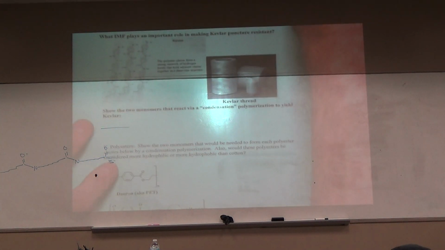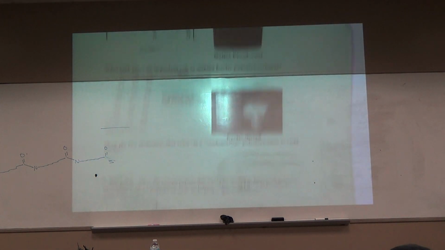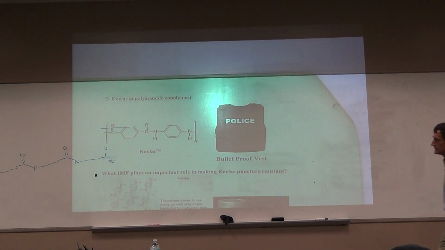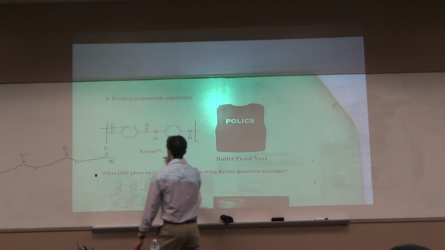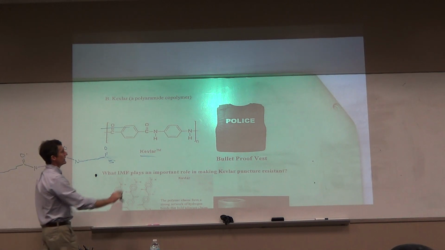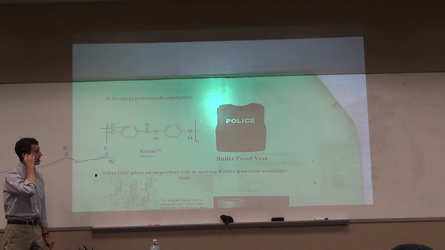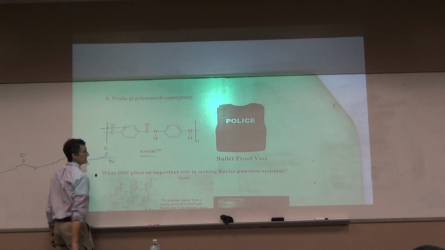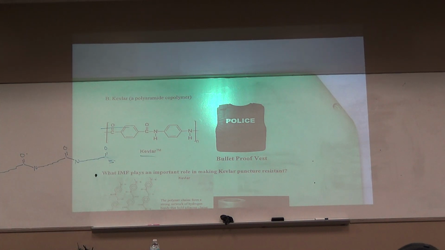On the other side, there's some other polymers. Basically, the amide polymers are very common. Ever heard of Kevlar? Used to make bulletproof vests. Here's a polymer of Kevlar. It's an amide polymer. What molecules react to give Kevlar?